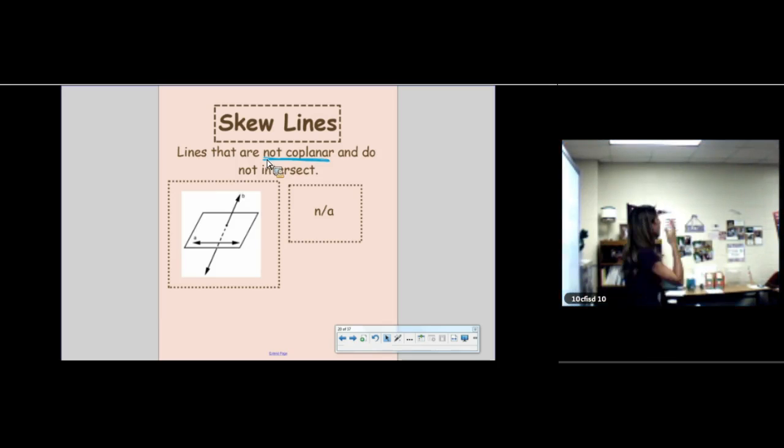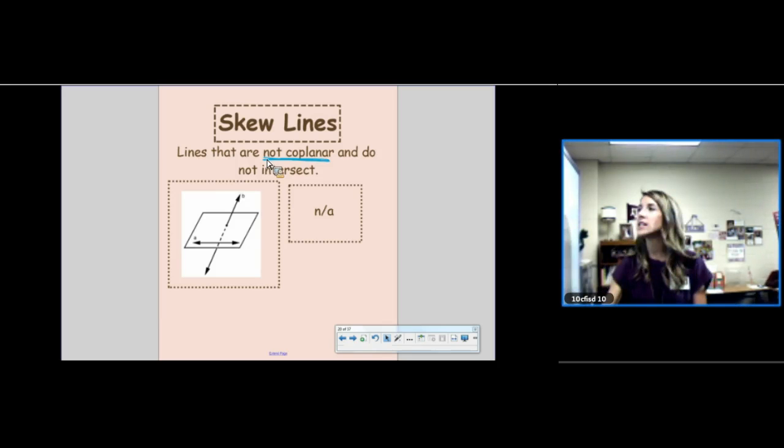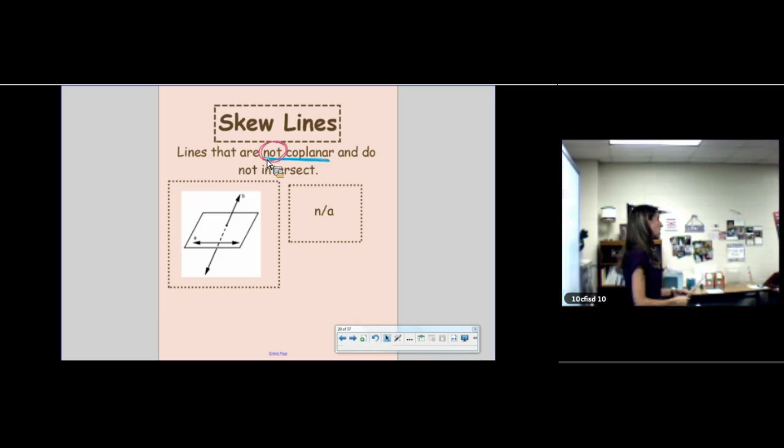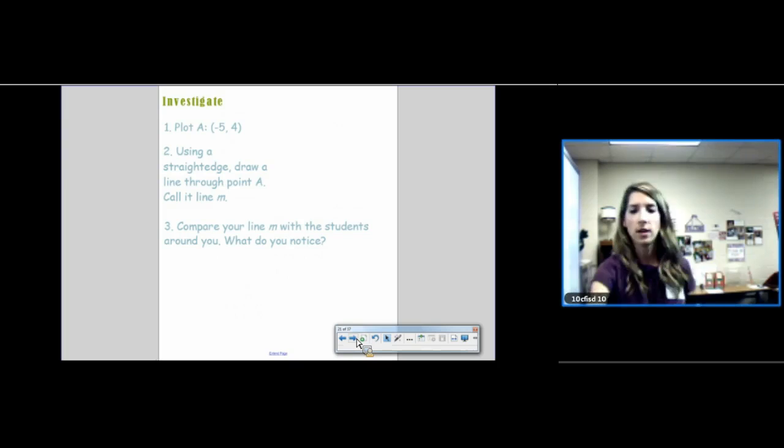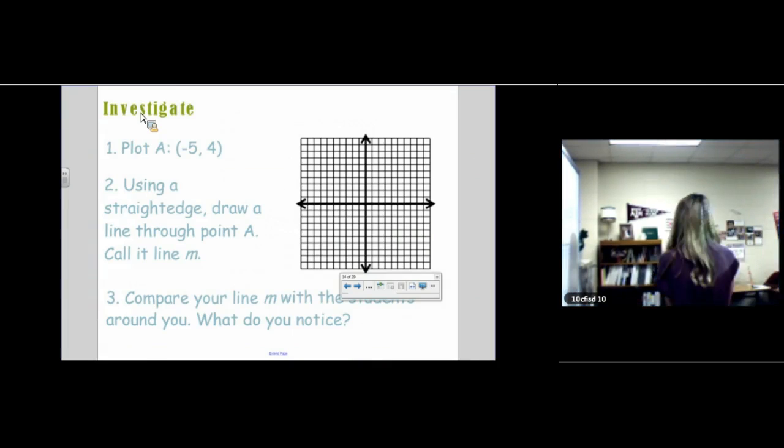Skew lines are not coplanar lines that do not intersect. One measly word changes a lot. So line A and line B are skew lines. All right. The next thing we're going to do: plot the point (-5, 4). Plot it.